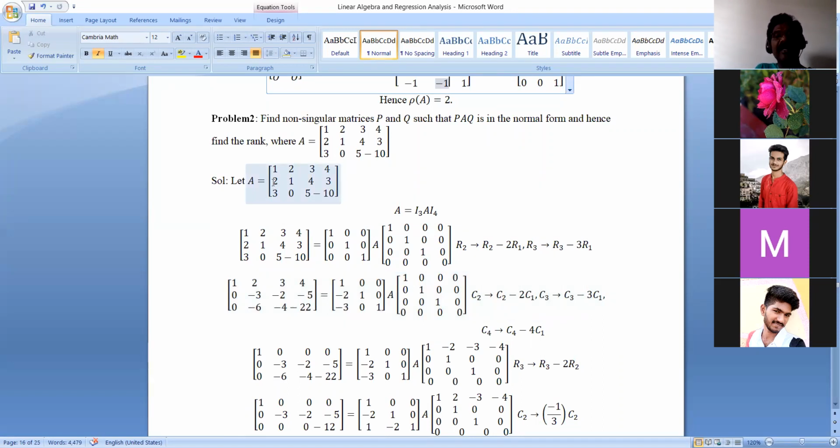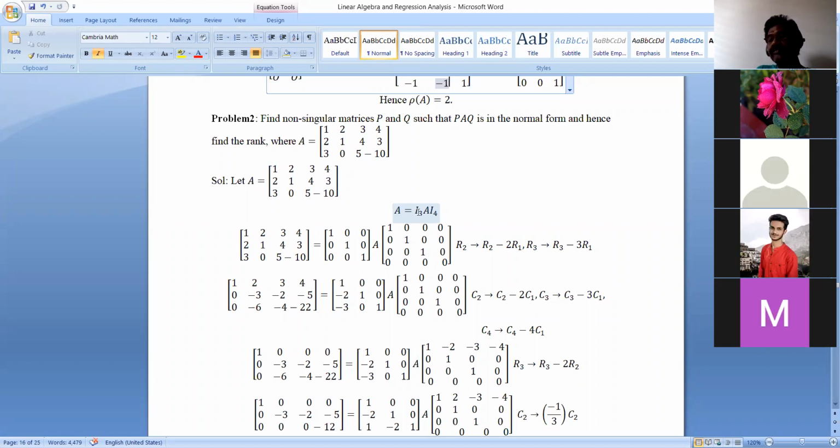Let us take A equal to [1, 2, 3, 4; 2, 1, 4, 3; 3, 0, 5, minus 10]. Next, here we have 3 rows. That's why the pre-multiplier is the identity matrix of order 3, into A into I4.